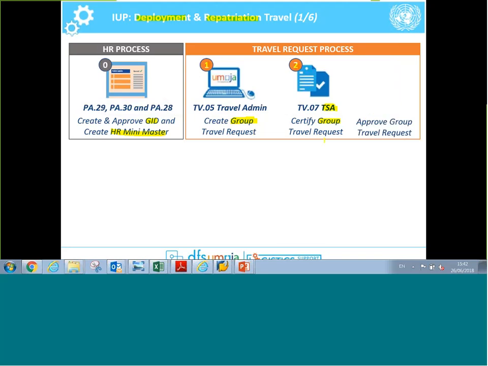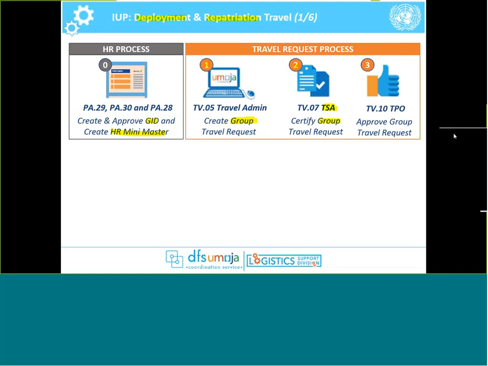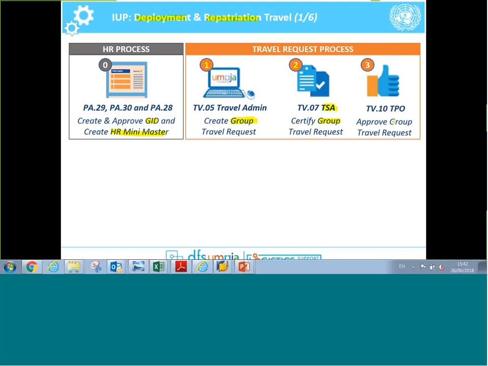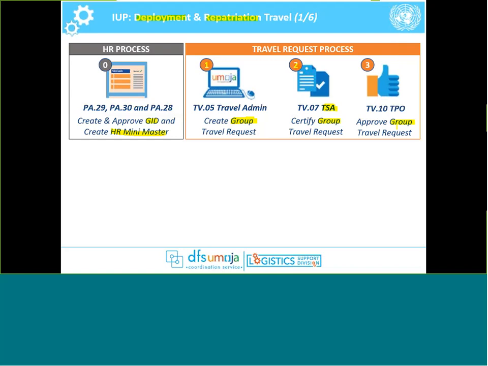You, as a TPO, will receive the group travel request, and normally in this deployment and repatriation, there is always a commercial ticket involved. So you will receive the airfare ticket estimate provided by the travel administrator to travel the entire group.